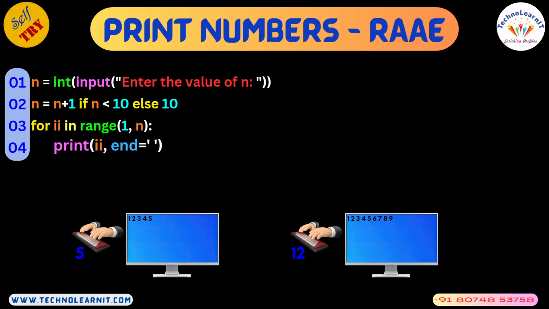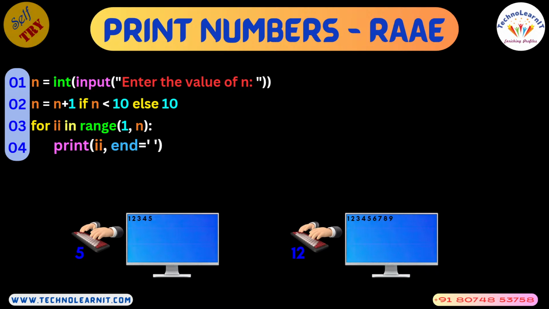Now you get into the loop. Loop execution starts from 1 and goes up to 5, because 6 is exclusive, right? So i is 1, 1 is printed, but you remain on the same line. i becomes 2, 2 printed, you remain on the same line. 3 printed, 4 printed, 5 printed, you remain on the same line. i becomes 6.